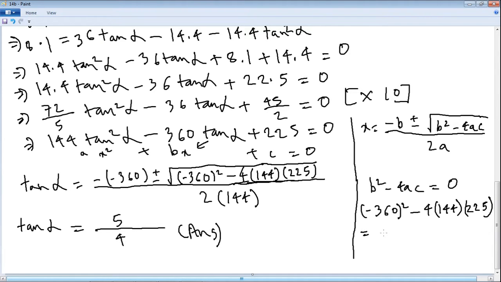If you have calculated, this value will come as 0. Since this is 0, the roots will be the same. So the ultimate answer will be tan alpha equals 5 by 4.